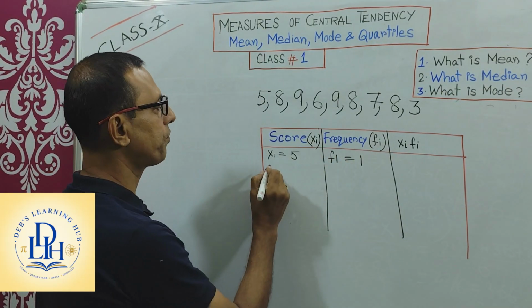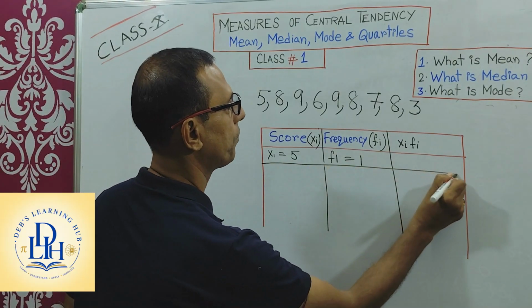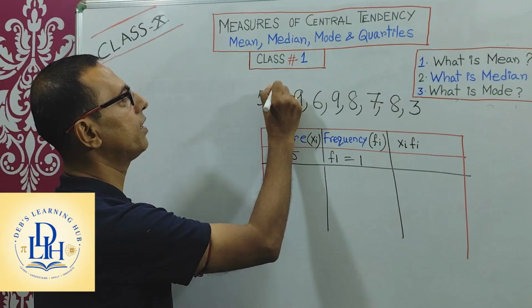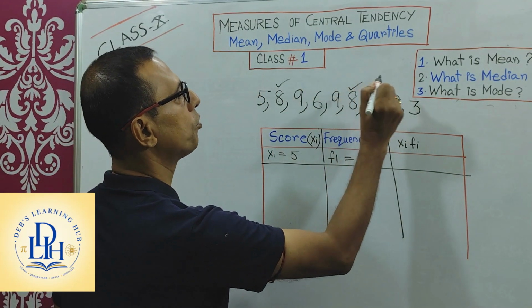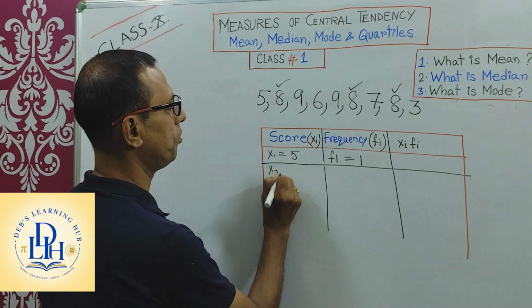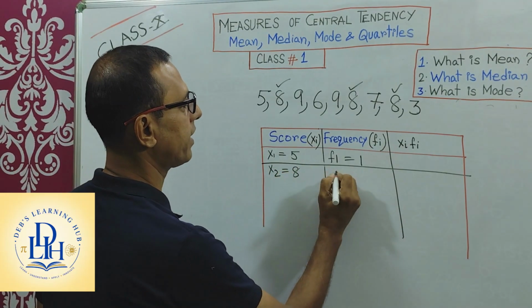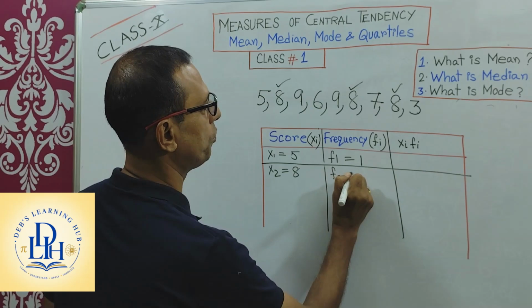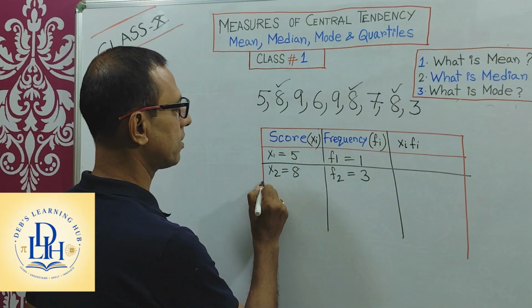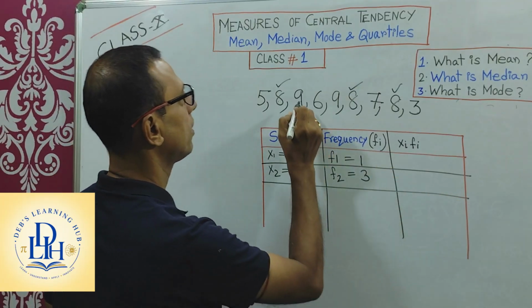How many times do you have 8? The second number is 8. 8 you can see is 1, 2, 3. So thrice you have 8. So observation 2, x2 is 8, and f2 is 3. Okay. The third one is 9.